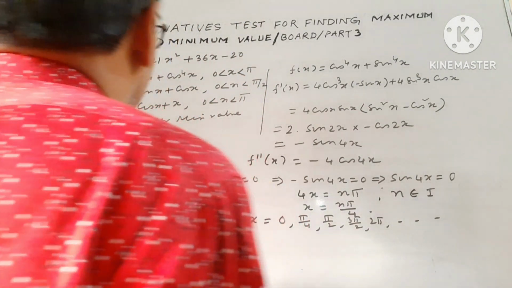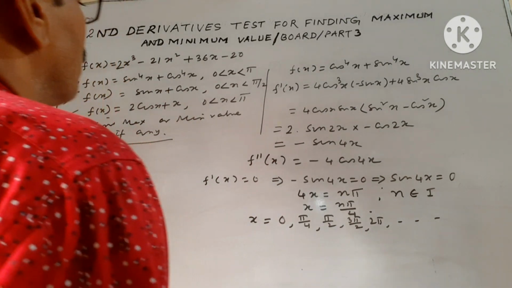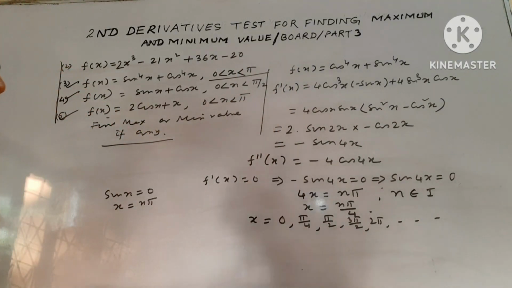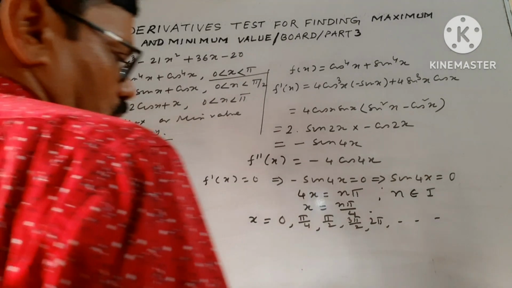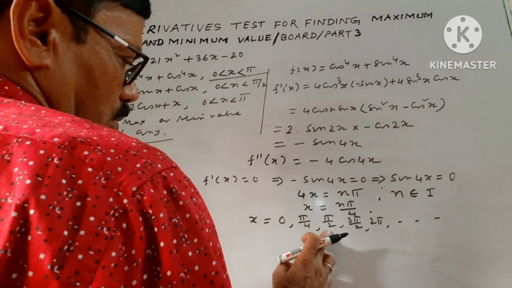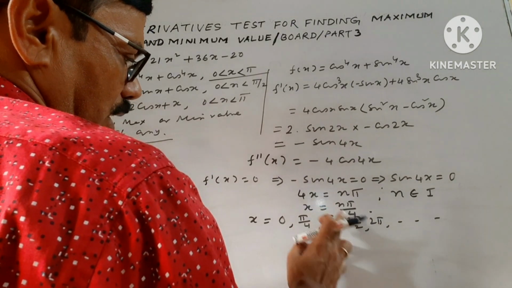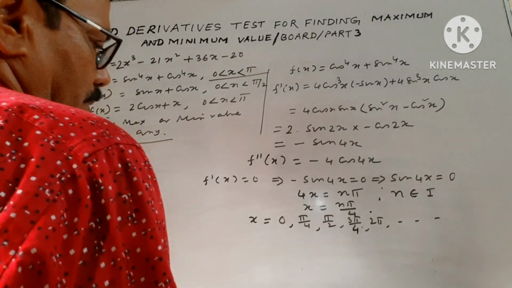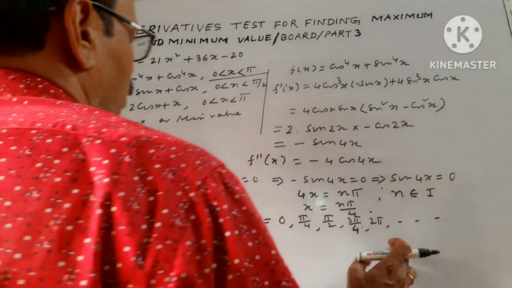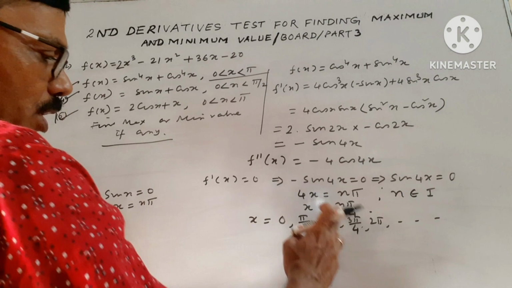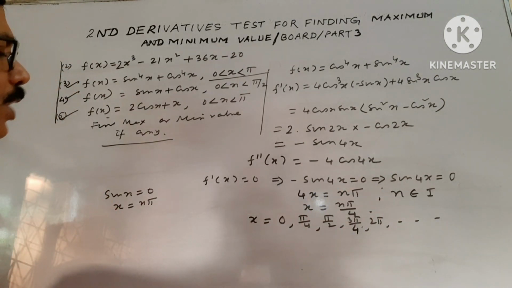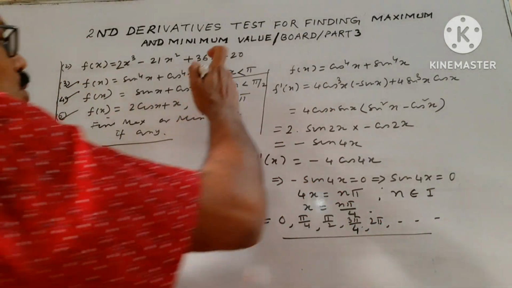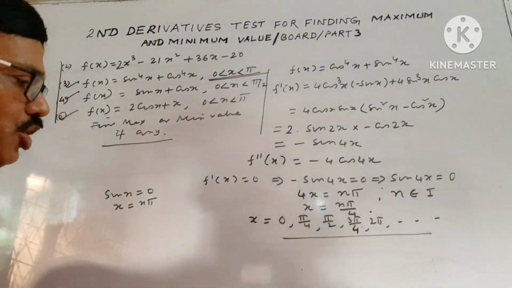Now you see the restriction. You have to take those values lying in the interval 0 to pi.